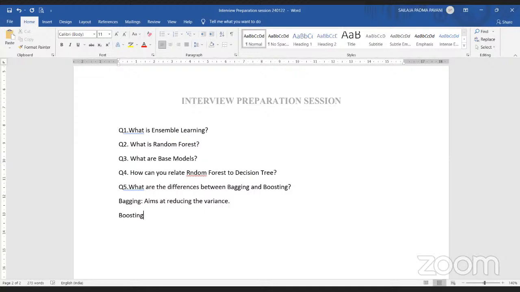Boosting aims at reducing what? Bias. You have to remember, right?